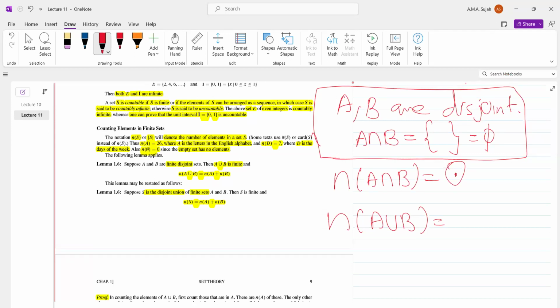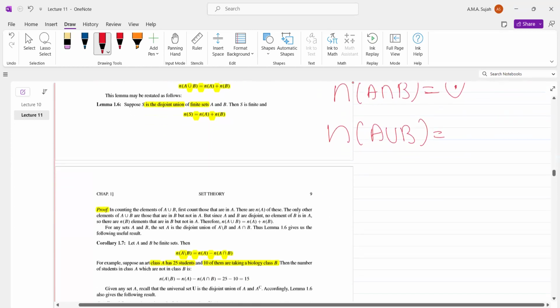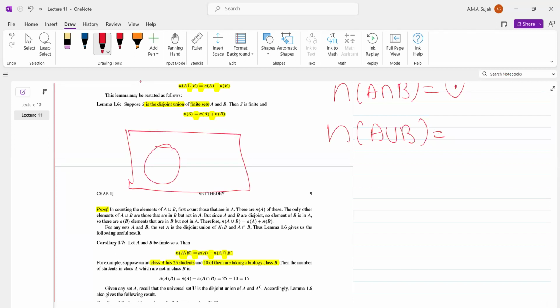How to find out? If you don't remember the equation, just plot a diagram. If A and B are disjoint sets, it means there is no intersection between A and B. So if you look at this diagram, you can say the answer.